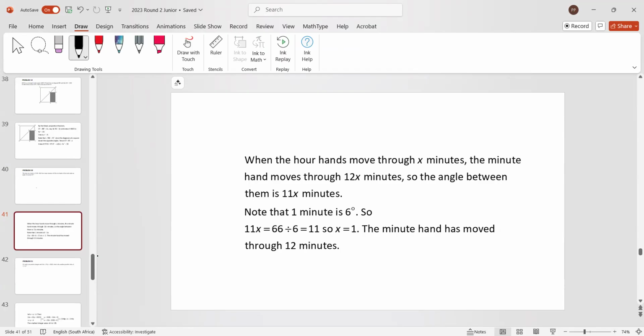That is quite right. Because we said 72 minutes, but it's 12 minutes past 1. See? 72 minutes past 12. The minute hand has not moved through 12 minutes, it actually moved through 72 minutes. So this is actually wrong. If the minute hand has moved through only 12 minutes, the angle will be very small.